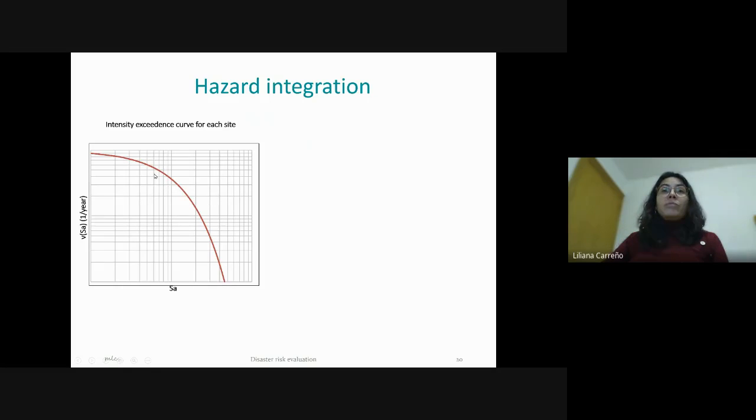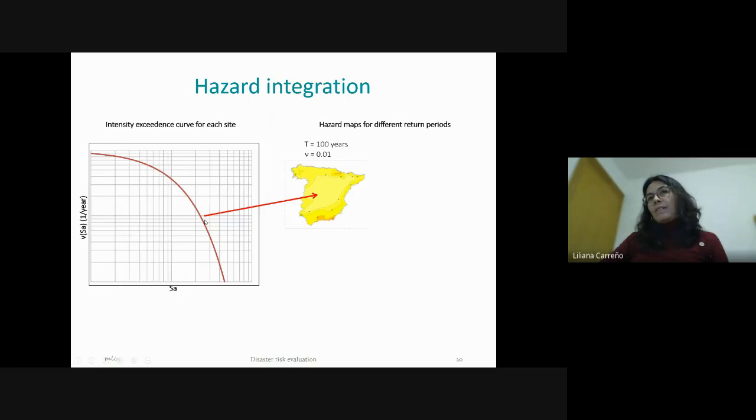And based on this curve for several points of analysis in an area, I can construct different hazard maps, for example, for different return periods, just reading the values in this type of curves. So this is an example of the seismic hazard for 100 years of return period, or an annual exceedance rate of 0.1.